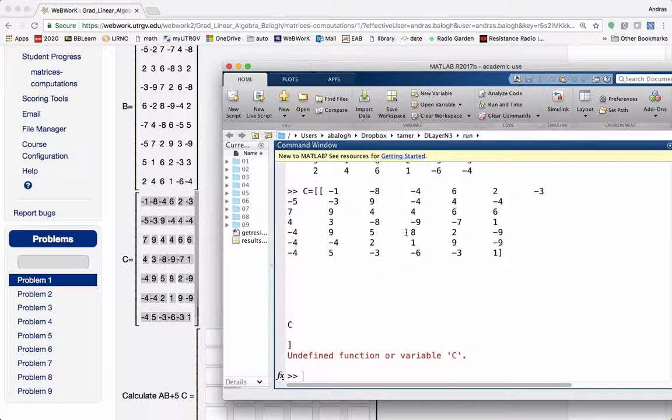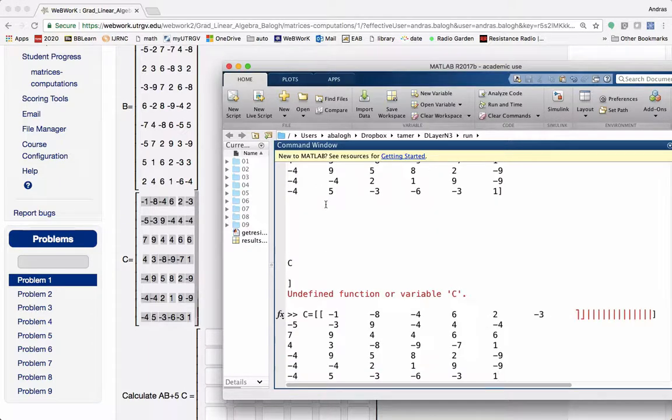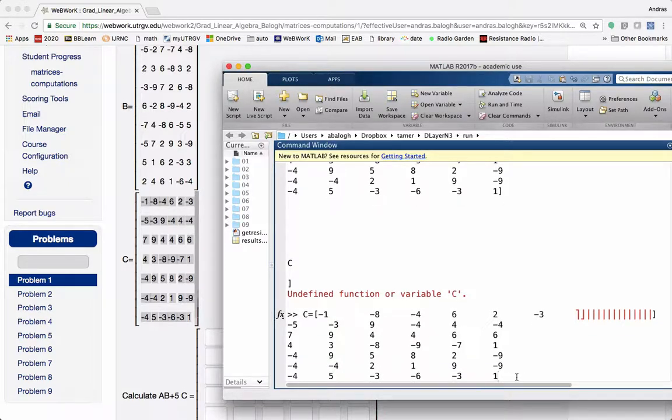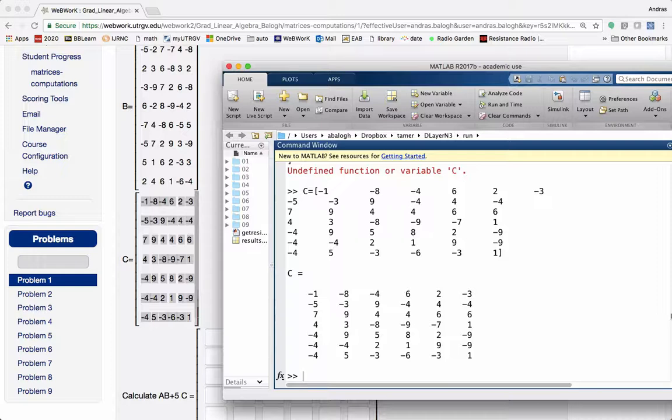I entered 2 open brackets, so this is not correct. Let me re-enter it. C equals open bracket 1 open bracket. Oh yeah, so it looks like I accidentally copy and pasted also one of the open brackets. So I got two open brackets. That doesn't make sense for a matrix. So close bracket, erase the first line garbage, and then enter.